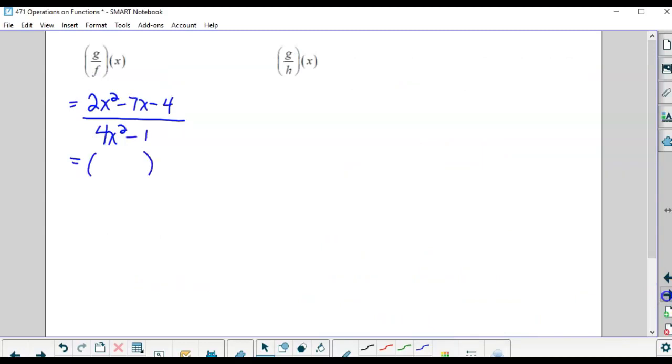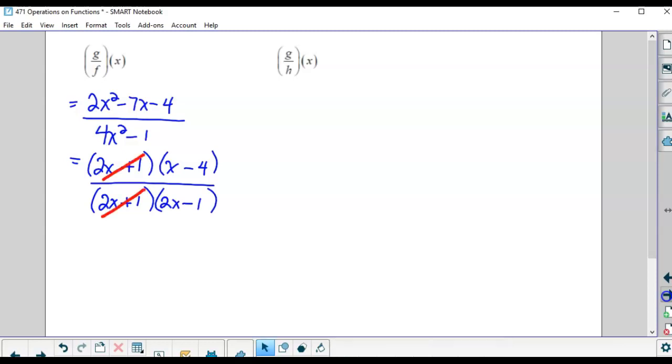So we want to factor to simplify if we can. Which we can. Two numbers that multiply to negative 8 and add to negative 7 are negative 8 and positive 1. And then this is a difference of squares. And then those divide out.